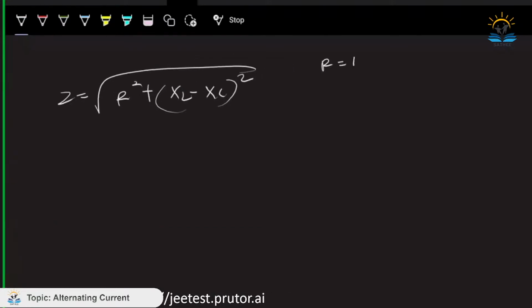R is 120 and XL is L omega. L is given as 100 into 10 raised to minus 3, milli.